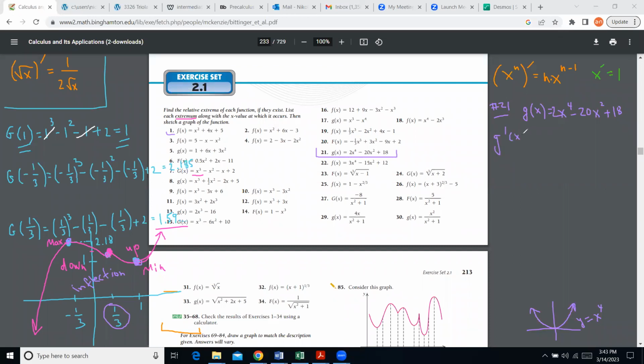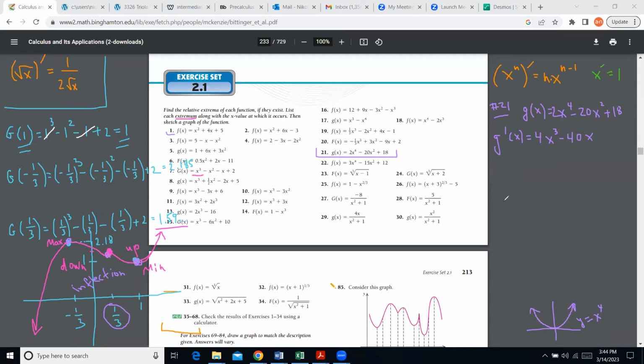So let's follow the process. So the first step is to take a derivative. So 4 is on the ground and x is raised to the power of 3. Next, I multiply 20 by 2 and get 40, right? And it's times x, because x squared, so it's first power. 18 disappears, and that's great.